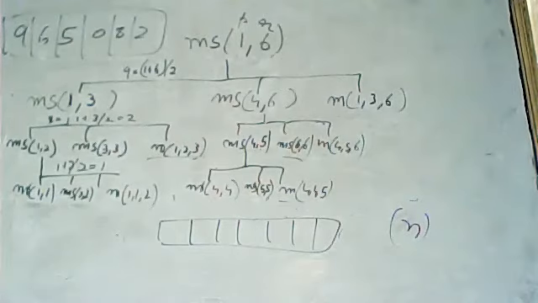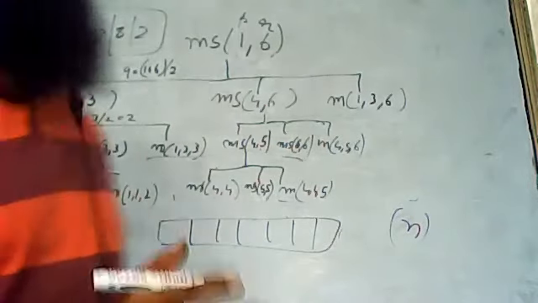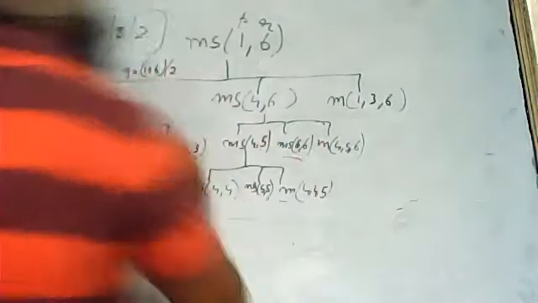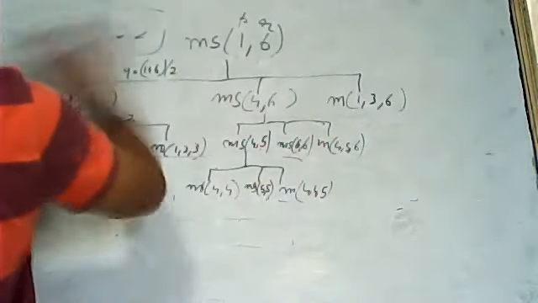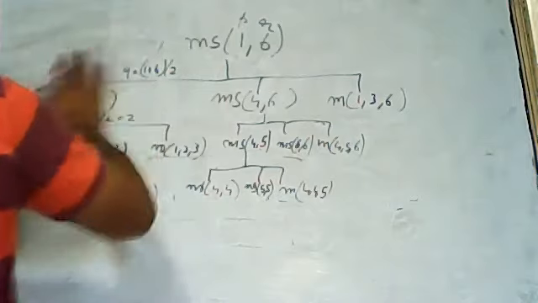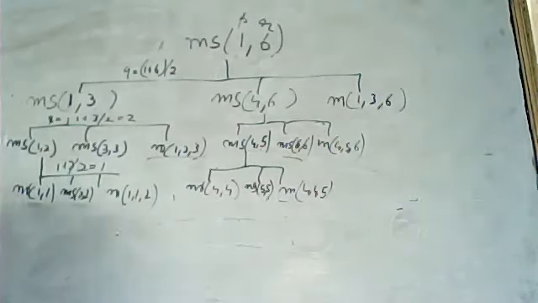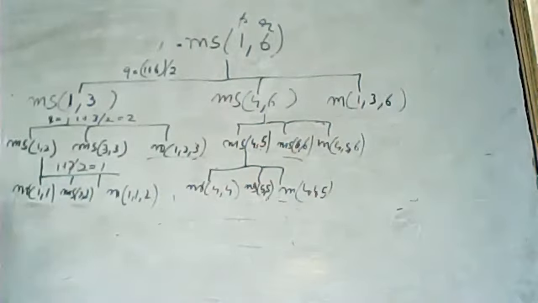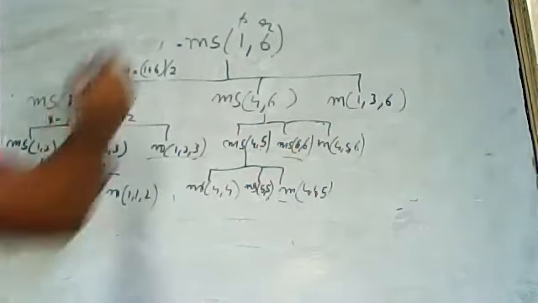But what about function calls? There will be many function calls, and every function call takes some size in the memory. In order to understand that, we will see the order of the function calls. What will be the order of function calls? This one will get executed first, so I'll mark it 1.